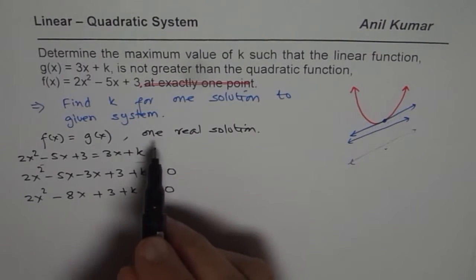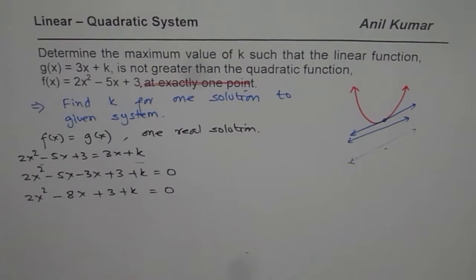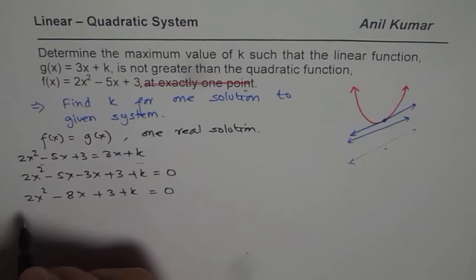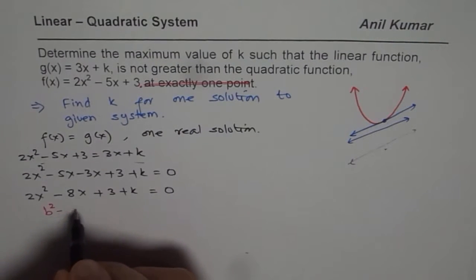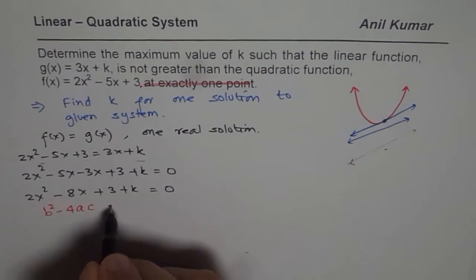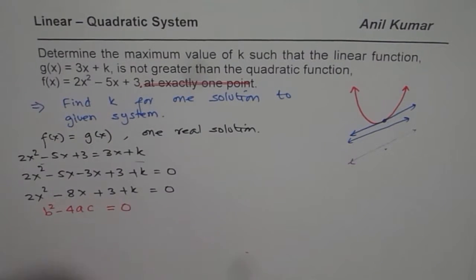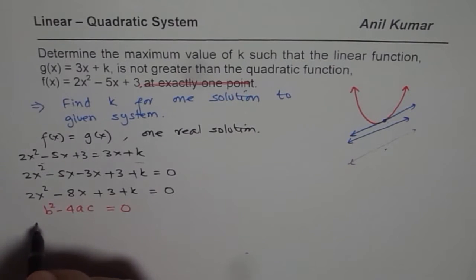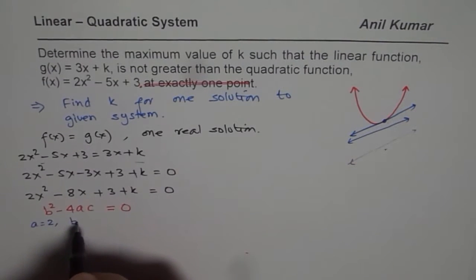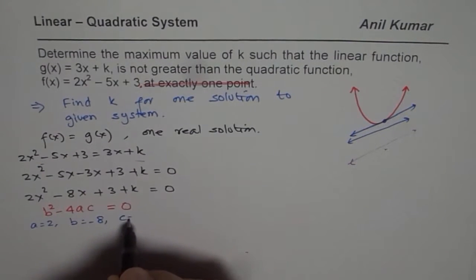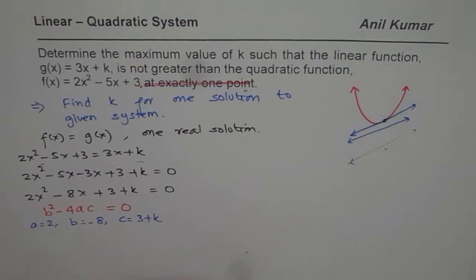Now when we say one solution, it means what? It means we are looking for the discriminant b squared minus 4ac to be equal to 0. That's the key issue, right? And in this particular equation, a equals 2, b equals minus 8, and c equals 3 plus k, correct?